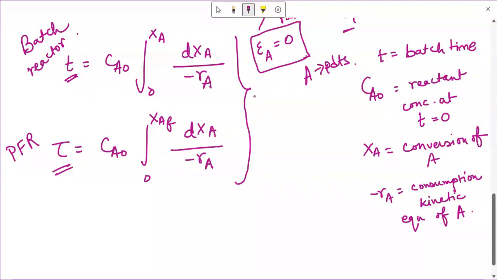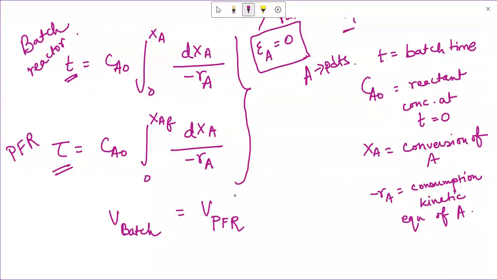If it is not a constant density system, then you have to go through further calculations, but that is beyond the scope of this discussion. So sticking to the constant density system, the performance equations for the batch reactor and the plug flow reactor give the same understanding of the process, and therefore we can say the volume of the batch reactor will become equal to the volume of the plug flow reactor. Remember, strictly it's for a constant density system.